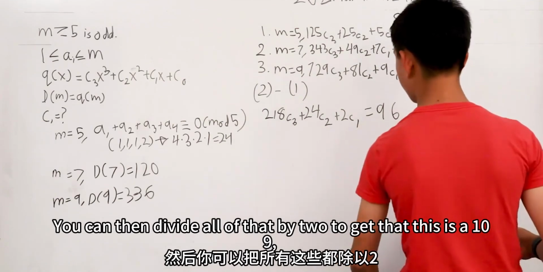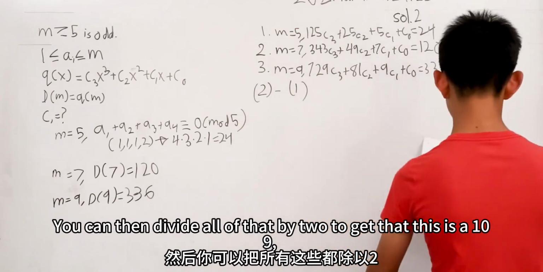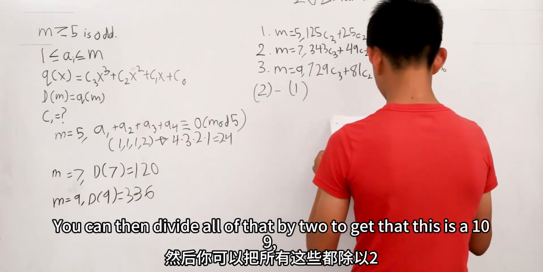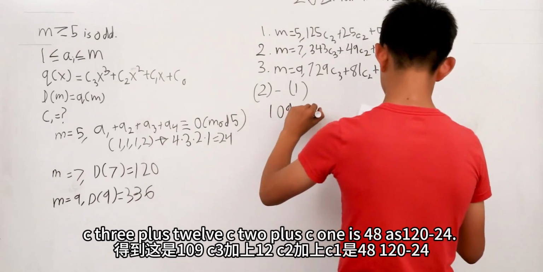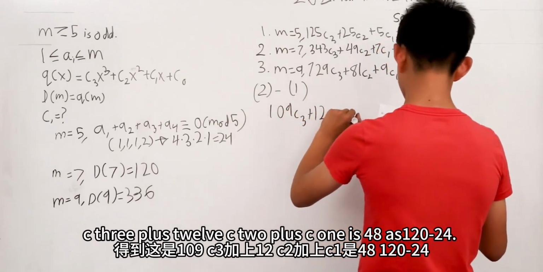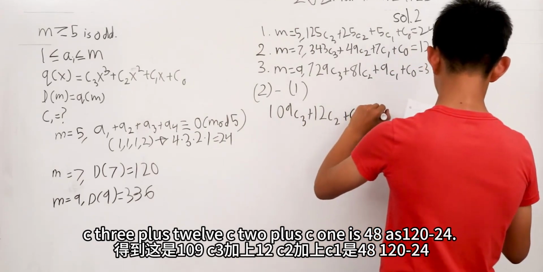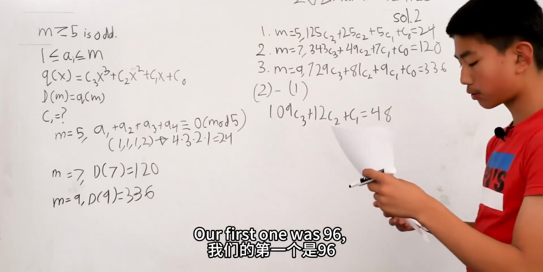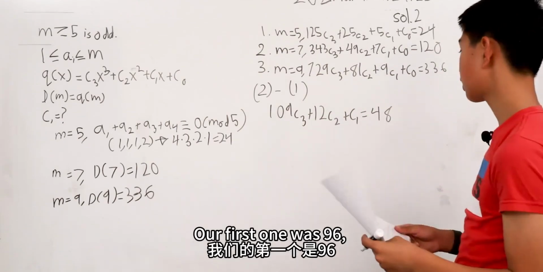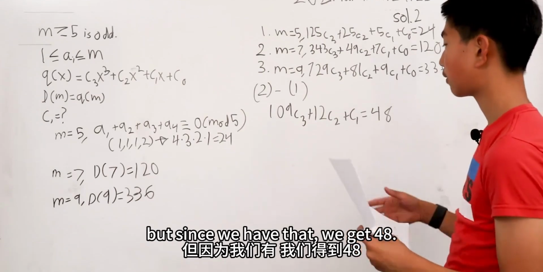You can then divide all of that by 2 to get 109 C3 plus 12 C2 plus C1 is 48. As 120 minus 24, our first one was 96, but since we divided, we get 48.